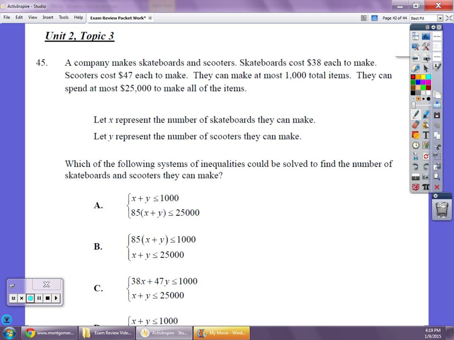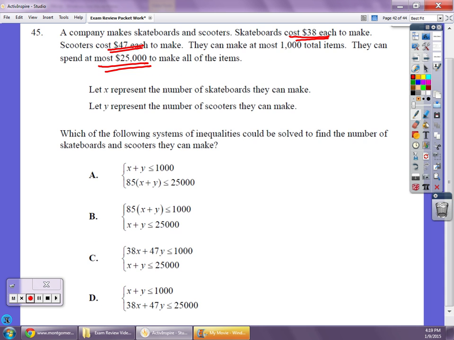I see dollar amounts, so I know that the $38 and the $47 have to go with the $25,000. So I'm going to look for an equation that incorporates all three of those values. What I see in option C is 38, 47, and 1,000, but that doesn't match.